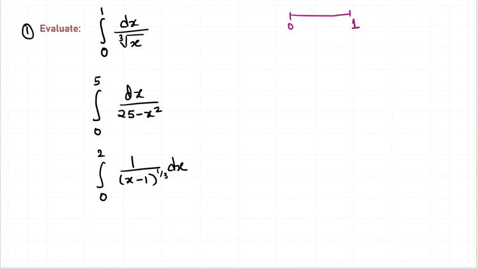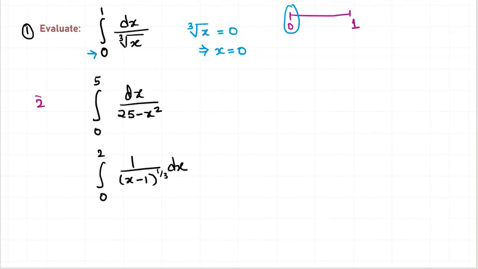In this example, if we substitute the denominator equal to 0, we get cube root of x equal to 0. This is possible only if x equals 0. So the function is becoming unbounded at x equal to 0, which is the lower limit of integration.